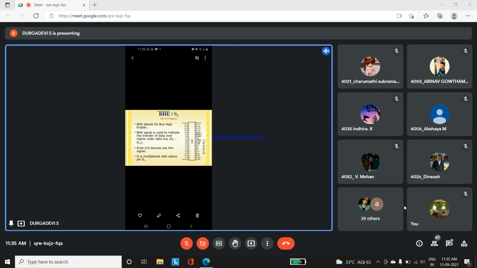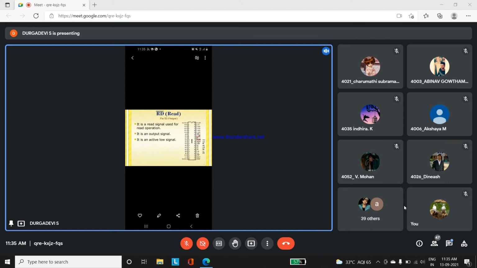What this is going to indicate is, I told you address and data bus are multiplexed. So to intimate your processor whether the value in AD0 to AD15 is data or an address, the bus high enable signal is used.